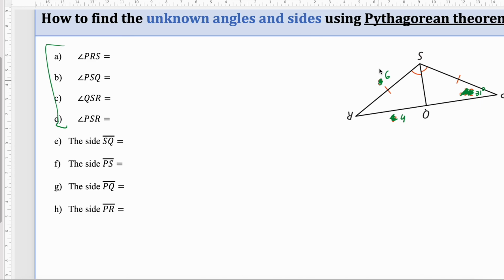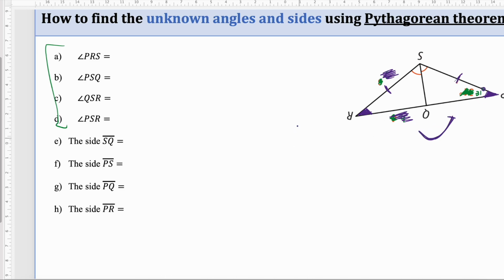Make sure to properly hide the sides so you won't get confused. Keep the ones with degrees, they are the angles, keep them. So this is the angle 31, and since it's an isosceles triangle, identify the other equal angle. It's here. Make sure you from the beginning identify the equal sides and the equal angles.